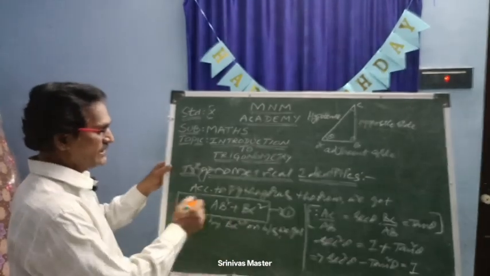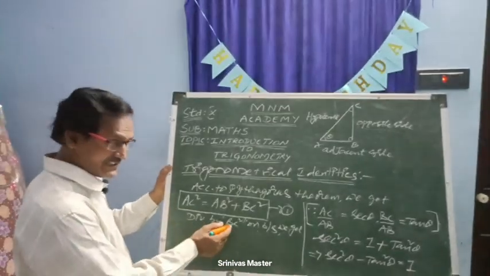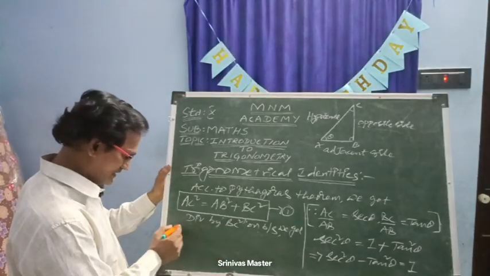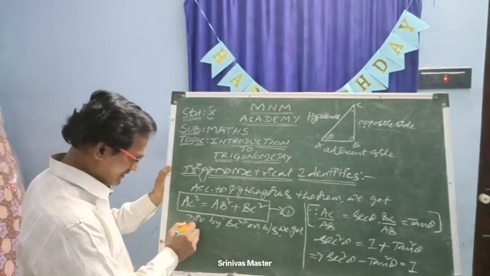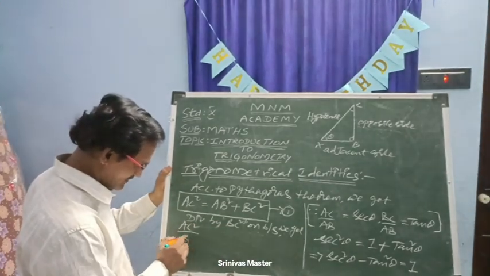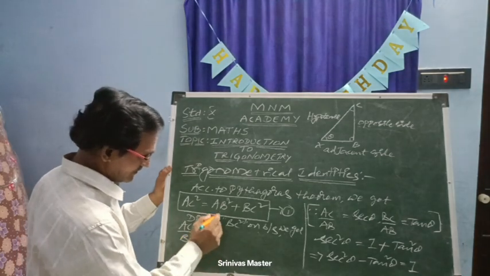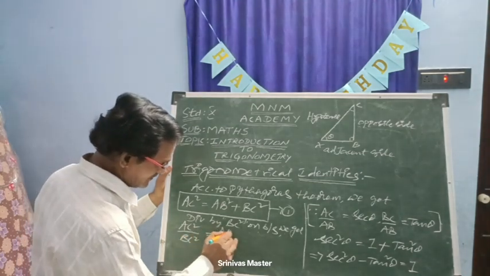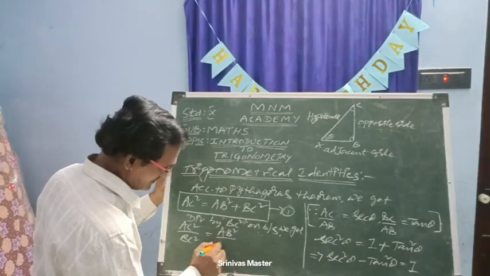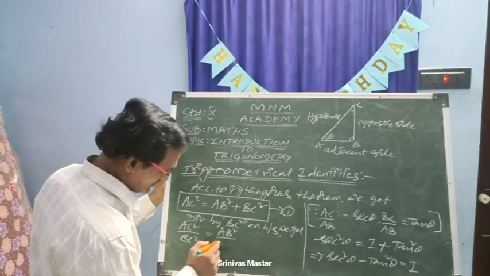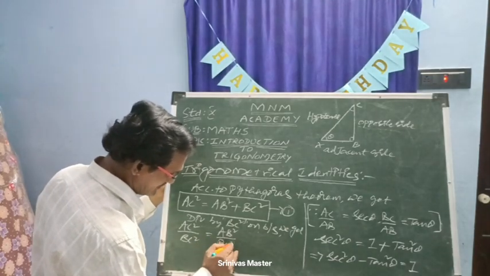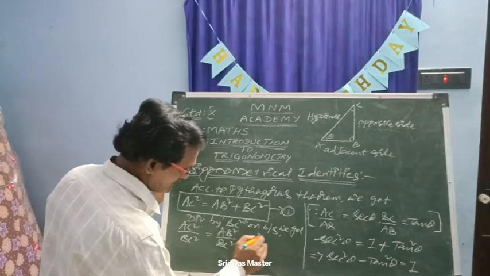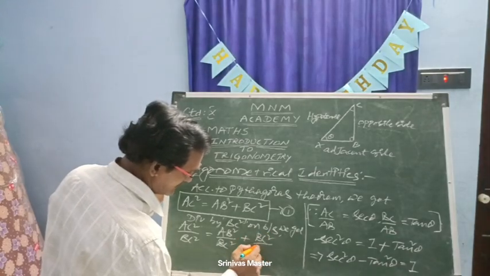When dividing with BC square, how to write children? BC square by BC square equal to AB square by BC square plus BC square by BC square.